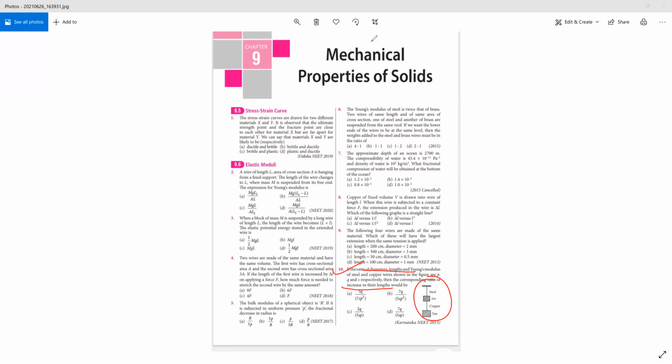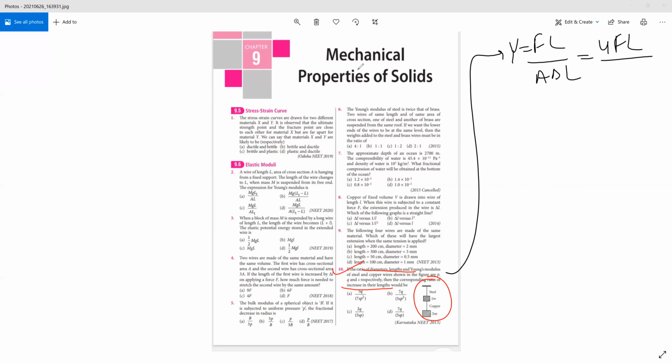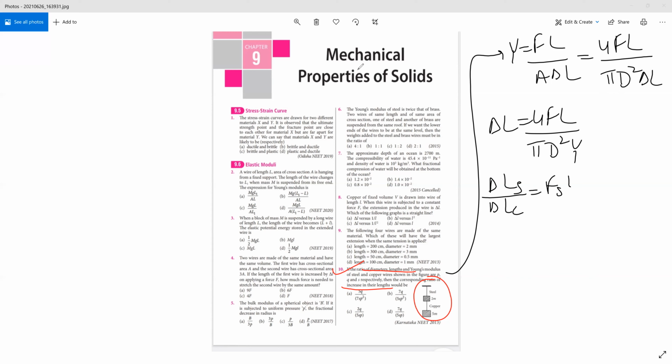So from the diagram, by using Young's modulus equation, Y is equal to FL divided by A into delta L, or that is equal to 4FL divided by pi d square into delta L, or delta L is equal to 4FL divided by pi d square into Young's modulus, or delta LS divided by delta LC is equal to FS LS DC square YC divided by FC LC DS square into Young's modulus of steel.